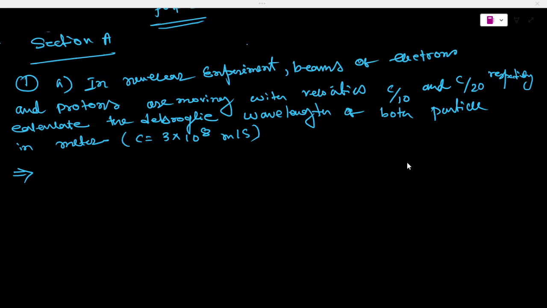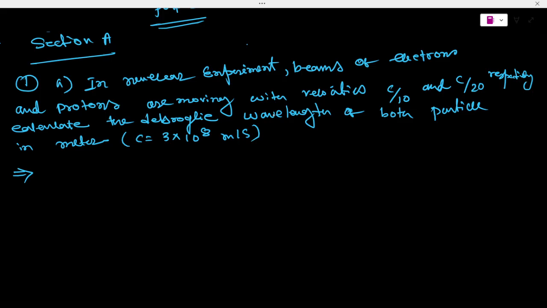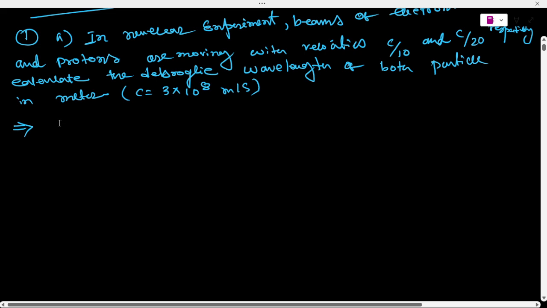Wait a moment. So a beam of electrons and protons are moving with velocities c by 10 and c by 20. Calculate the de Broglie wavelength. So let's say this is the answer.